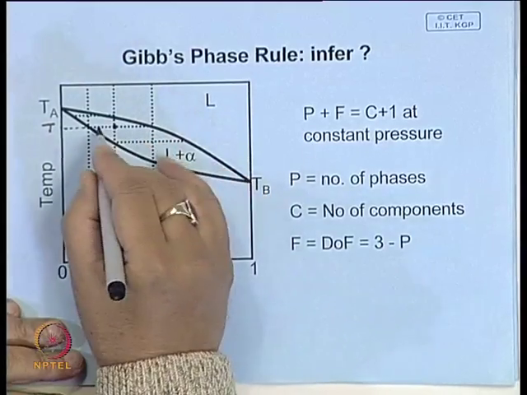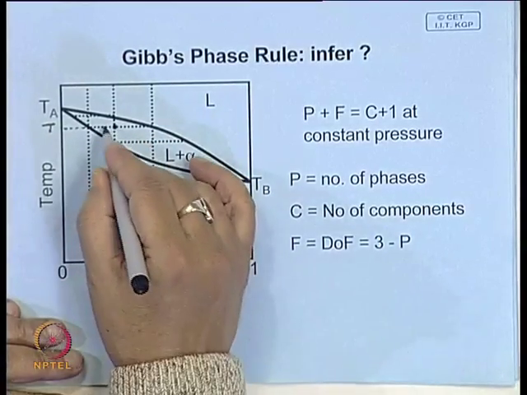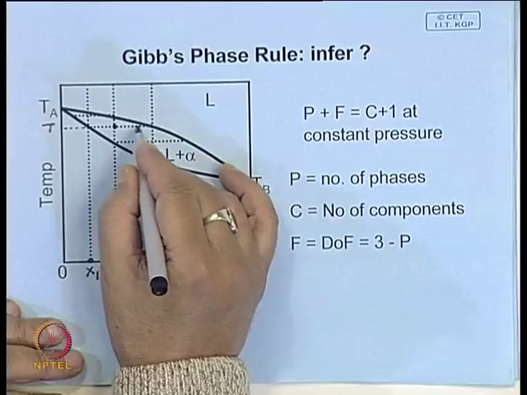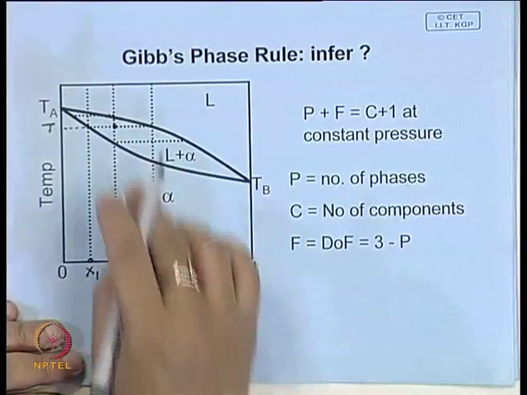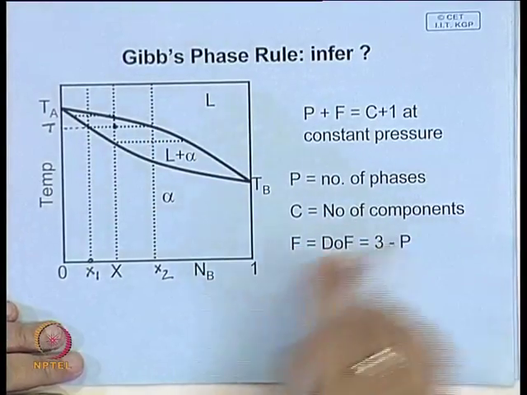So, you cannot have an alpha of any intermediate composition existing here. So, this is what you infer from phase rule.